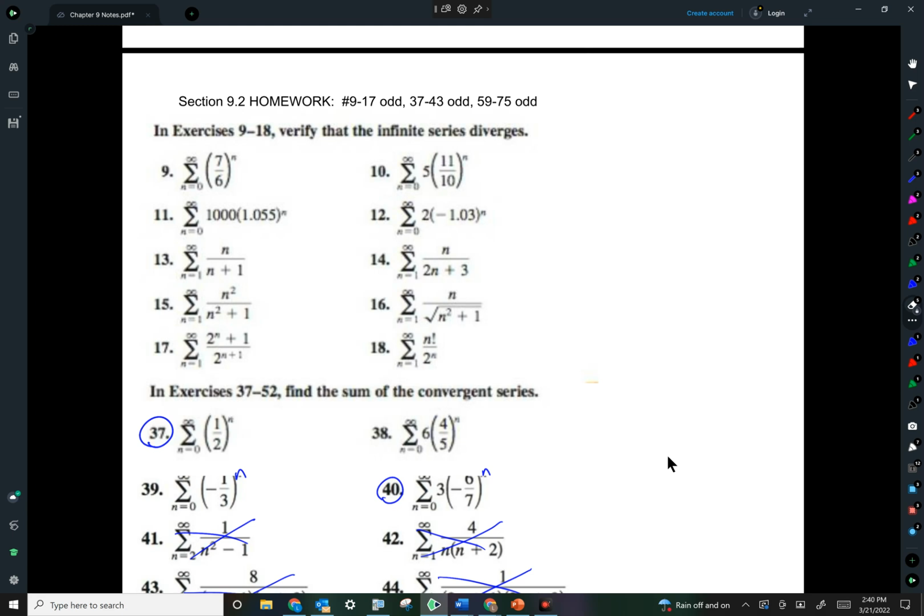That just equals what? 1/2, which is not 0. And if the limit is not 0, it's what? Diverge. So that was a diverge by the nth term test.